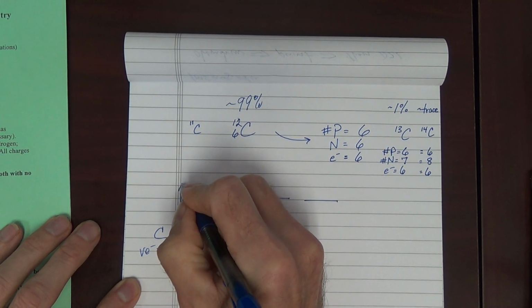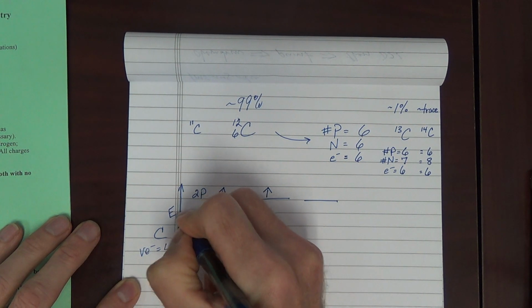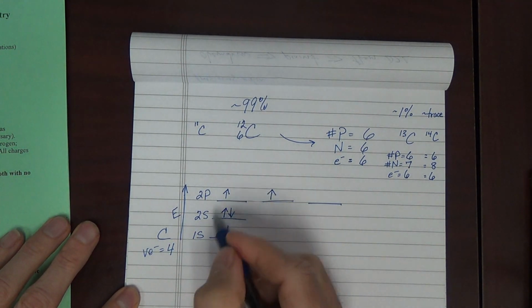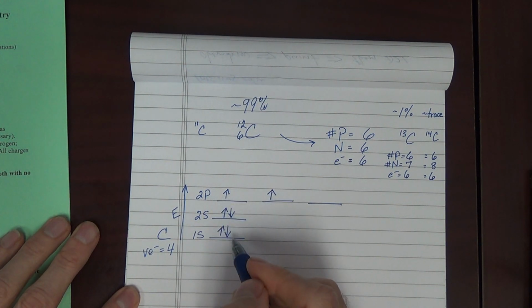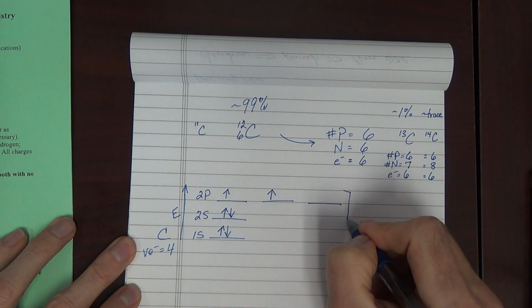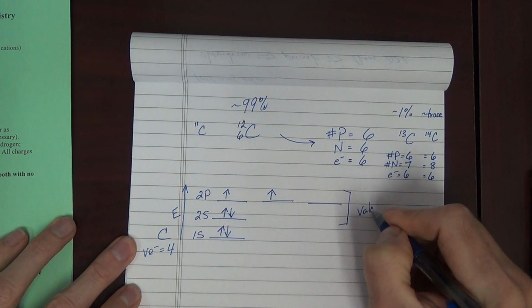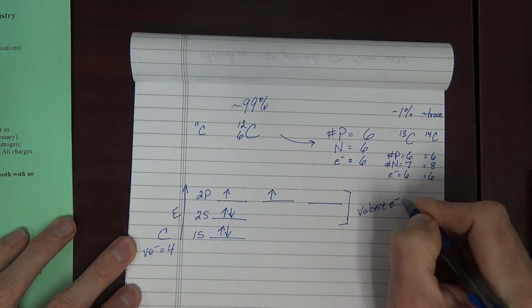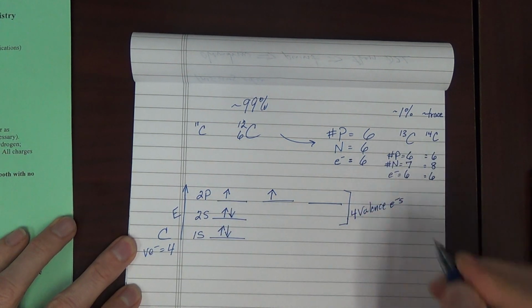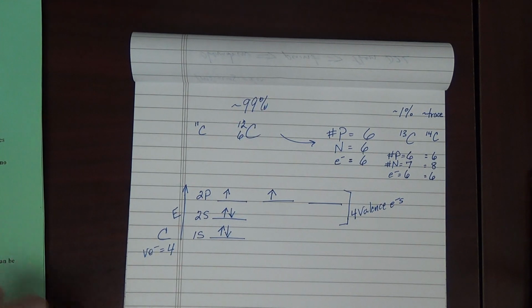We can show an energy progression here. Now we see we have our 6 total electrons. This here would be the valence electrons, and there's 4 there. 4 valence electrons.